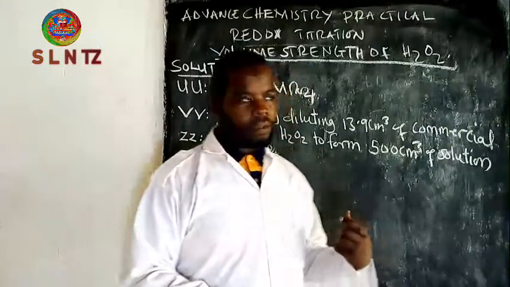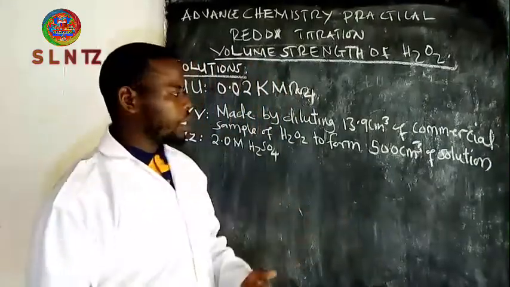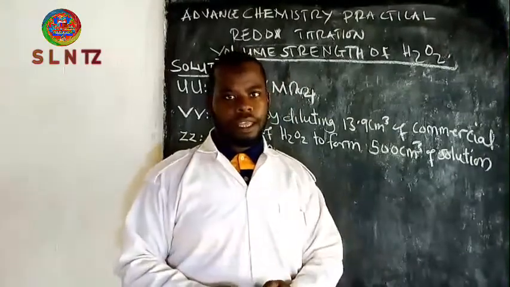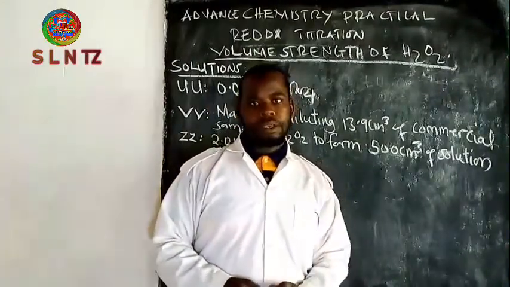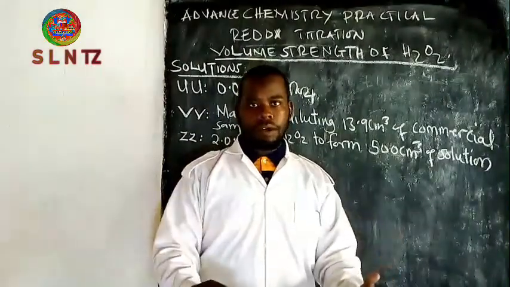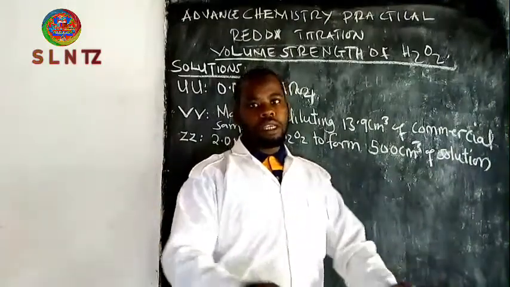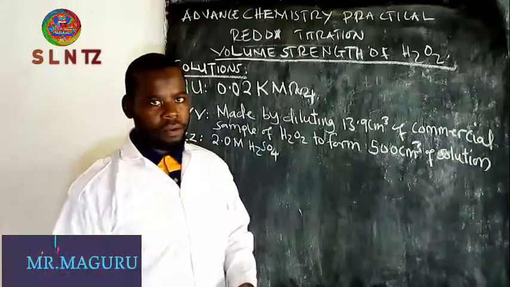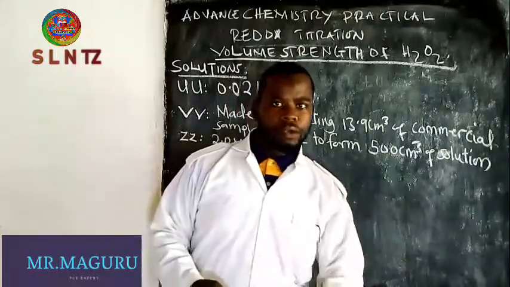This question asked you to calculate the volume strength of hydrogen peroxide. After performing the experiment, you're going to calculate the volume strength. So how can you solve this question?